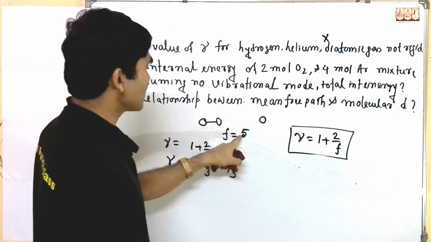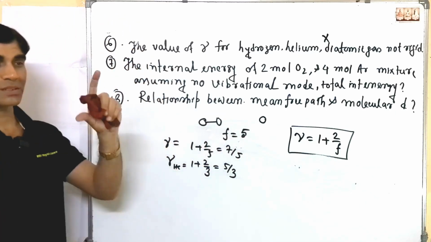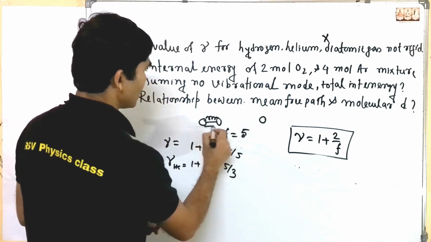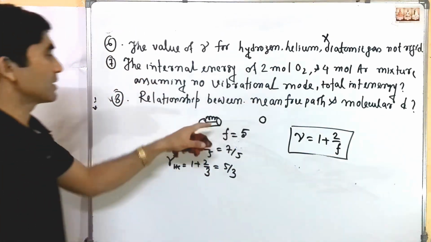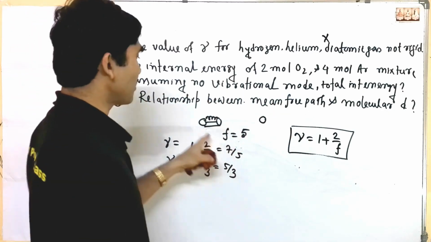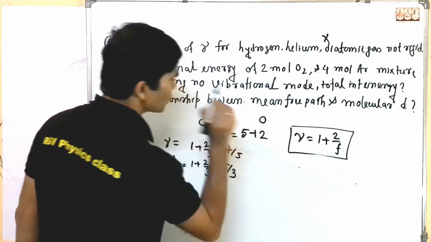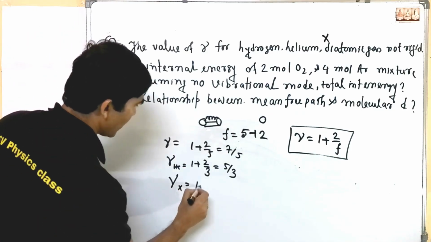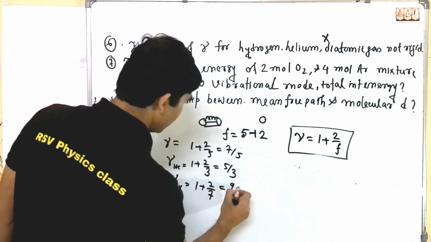So diatomic molecule का degrees of freedom कितना है, 5, और if there is a vibrational mode means not rigid, मतलब ये बॉन्ड रिजिड नहीं, मतलब जस्ट लाइक ए स्प्रिंग। अगर ये बॉन्ड स्ट्रॉन्ग थ्रेड टाइप का होगा तो कुछ, so ये जो बॉन्ड है ये थोड़ा सा इलास्टिक टाइप का है ना, not rigid. So in that case you have to add vibrational mode 2 degrees of freedom in addition. So gamma X equal to 1 plus 2/7, so this is equal to 9/7.